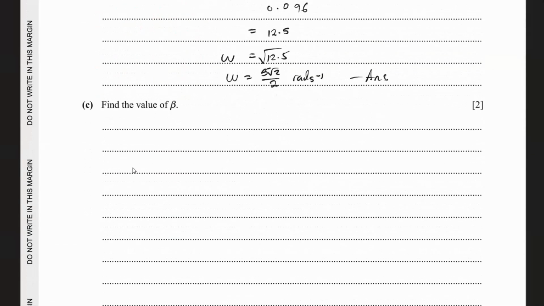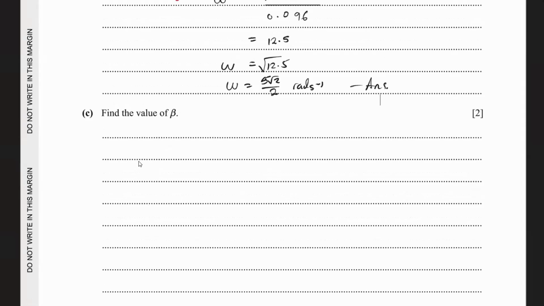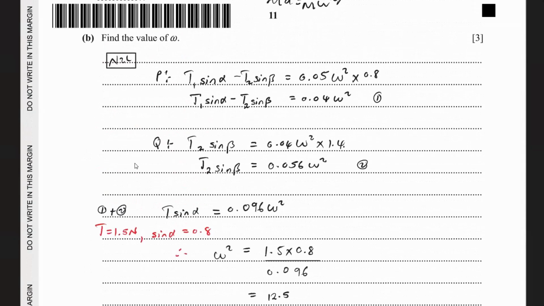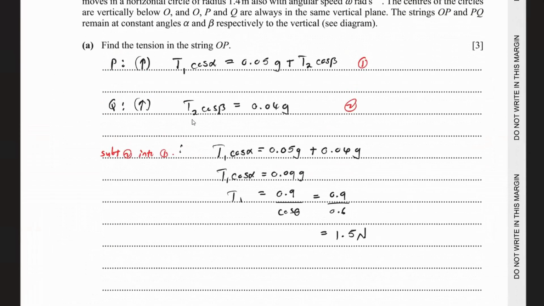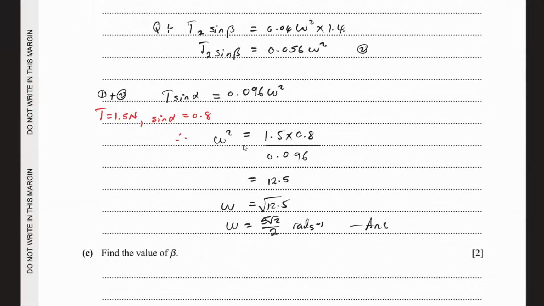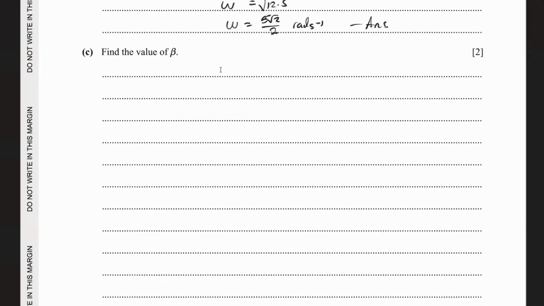Part C says we should find the value of beta. All right, so to find the value of beta is no longer a difficult thing. We can make use of these equations. We earlier got T cos beta to be 0.04 G. So this was T cos beta.